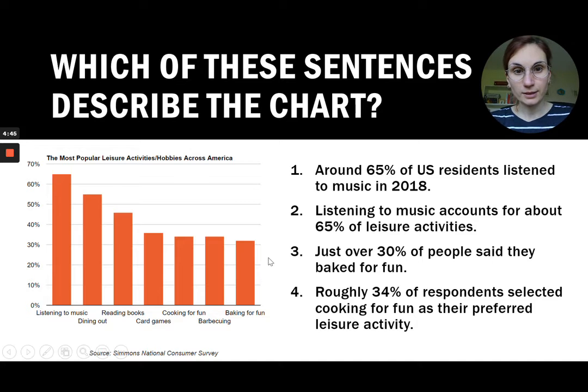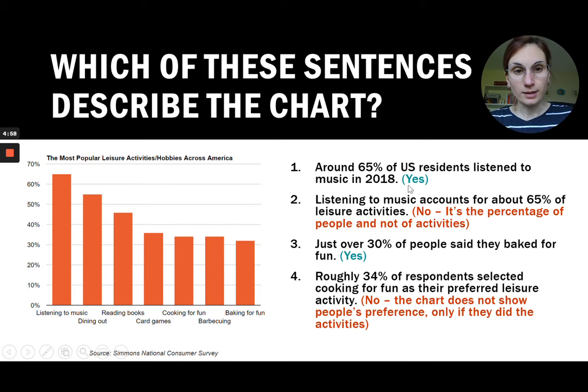Okay, so let's see. Number 1, around 65% of US residents listen to music in 2018. Is that correct? Yes, it is. This is fine. It looks like it's around 65%. So yes, that's fine.